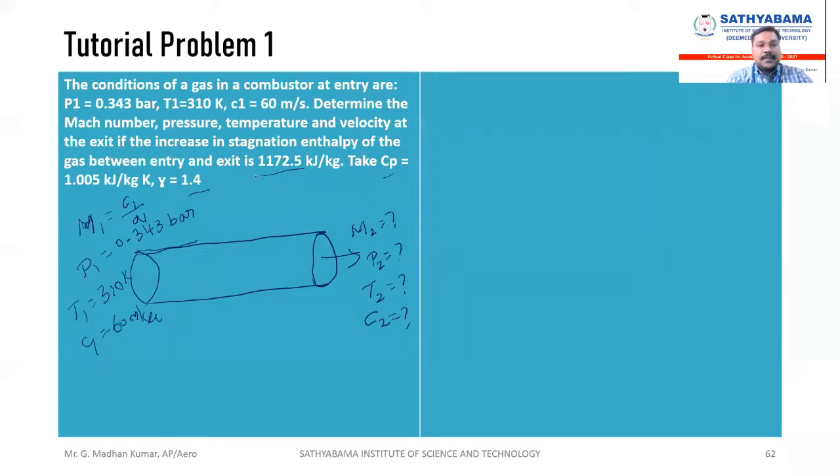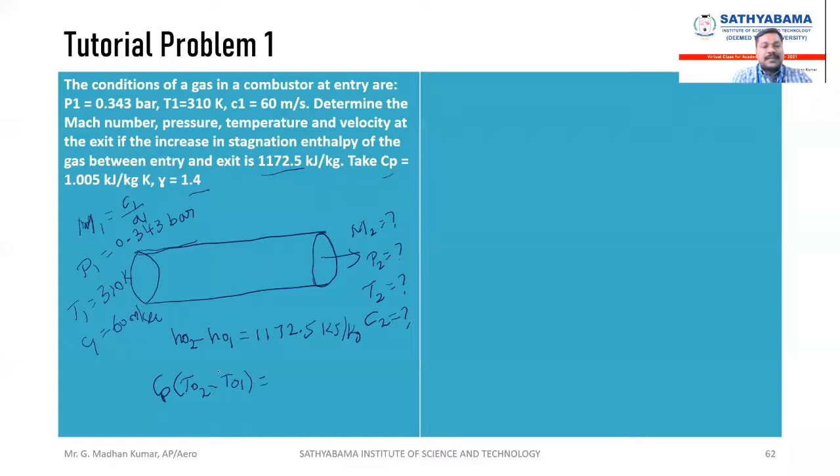Because the other thing, we have the stagnation enthalpy. Stagnation enthalpy is nothing but H02 minus H01. It was given as 1172.5 kilojoule per kilogram, right? So in this, you are going to use this relation: Cp times T02 minus T01.